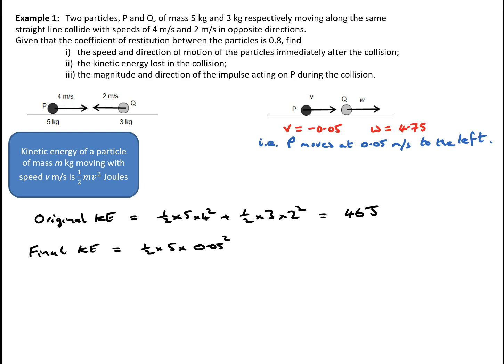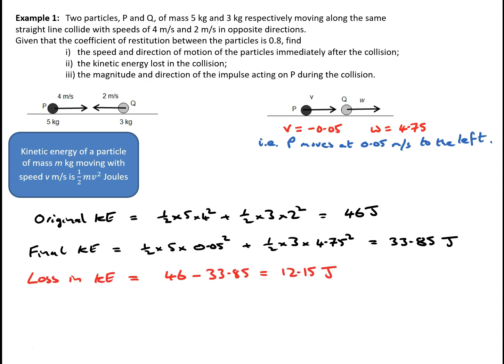And the kinetic energy of Q is a half times 3 times 4.75 squared, which gives us a total final kinetic energy of 33.85 joules. So the kinetic energy that's been lost in the course of the collision is 46 take away 33.85, which is 12.15 joules.